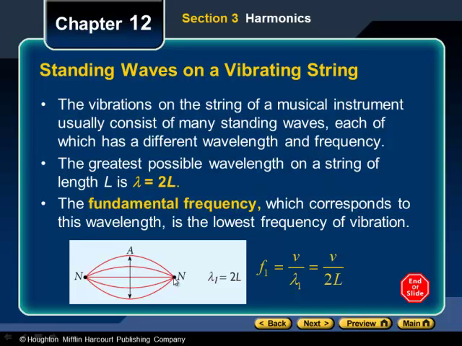So you have half a wavelength here, the other half of the wavelength there. So the total wavelength is twice the length of the string. That gives us the equation for the frequency, solving v equals f lambda for the frequency. We get frequency equals v over lambda 1, and since that wavelength is 2L, v over 2L is the fundamental frequency.